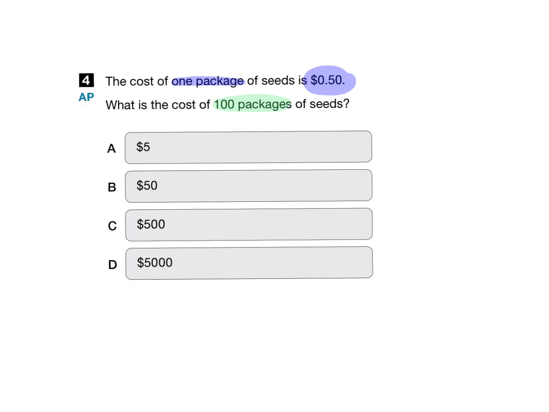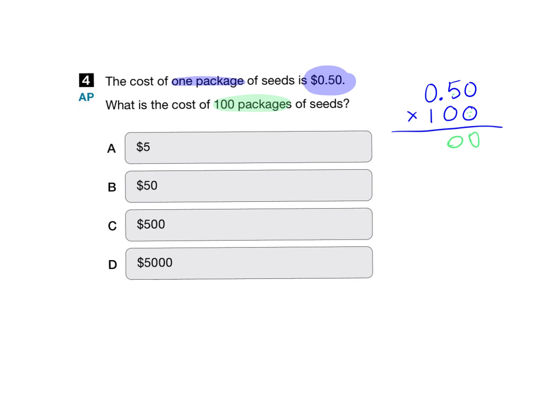You would do 50 cents times 100. Excellent. So let's see how you can calculate 50 cents times 100. Do you want to write it out? 50 cents times 100. And we can multiply it together like this. So you do 0 times 0, 0, 0 times 5, 0.